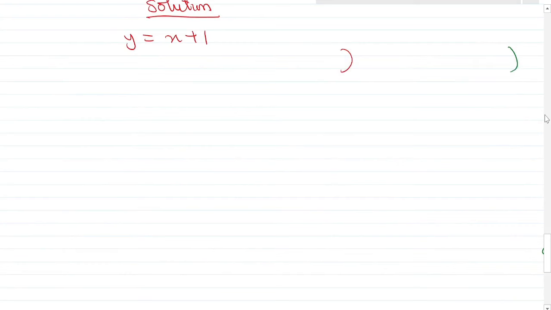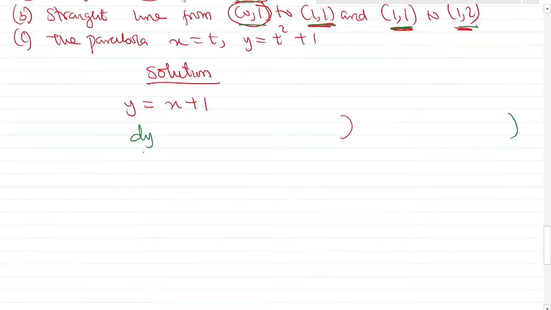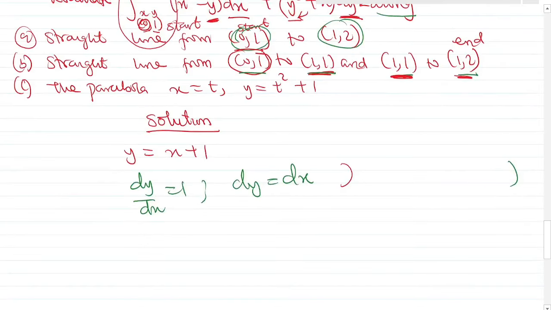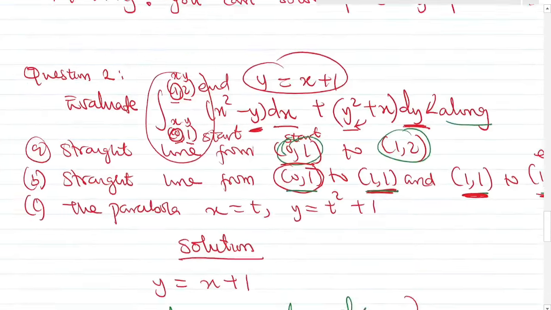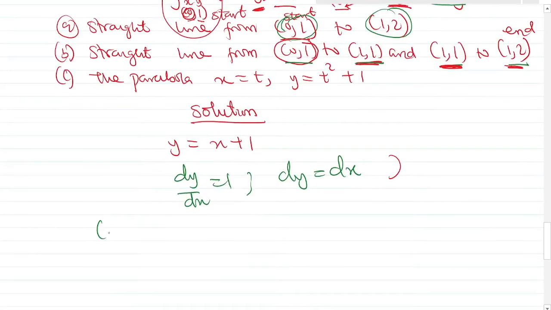So we have dy/dx equal to 1, so dy equals dx. Now, one thing you notice here is that I'm solving B now. They said from (0, 1) to (1, 1).